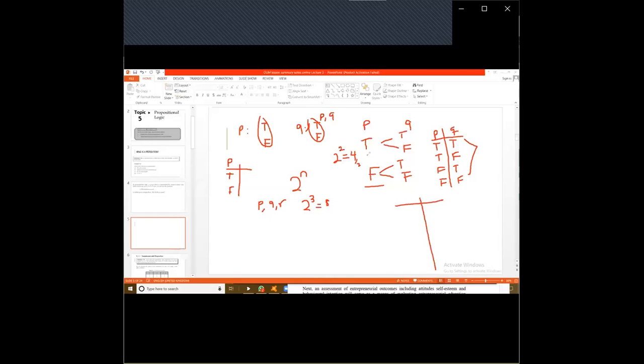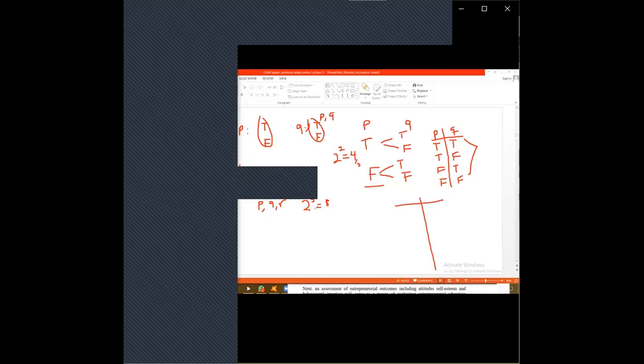So you write 2 truths, 2 false. Then you divide the 2 into 2, you get 1. So you write 1 truth, 1 false, 1 truth, 1 false. The same way as a shortcut, we'll divide this 8 into 2. It means we are going to get 4, right? So we'll write 4 truths and then 4 false.